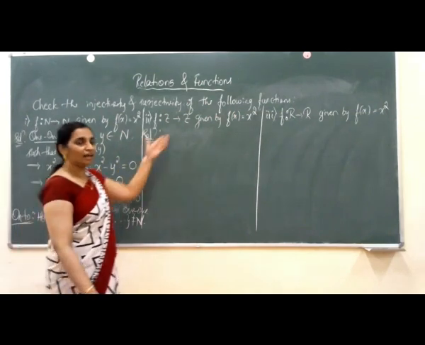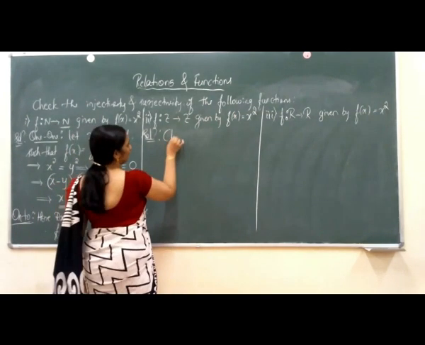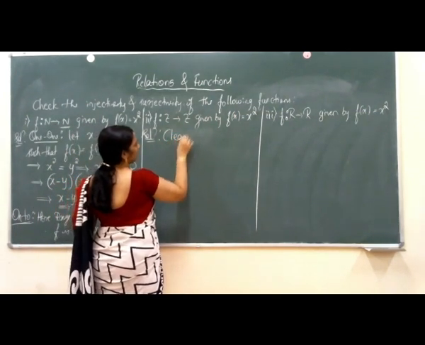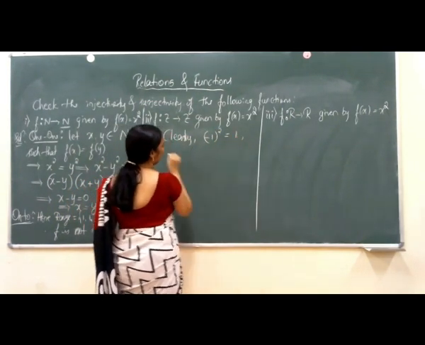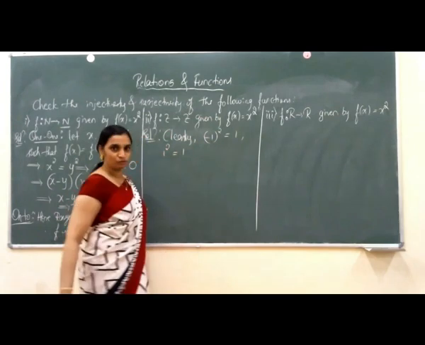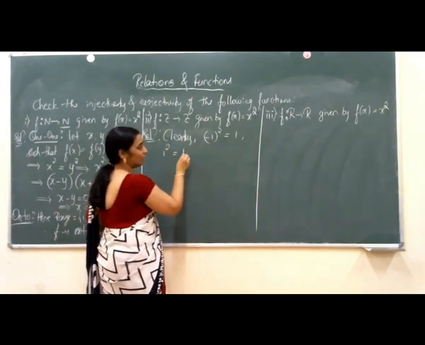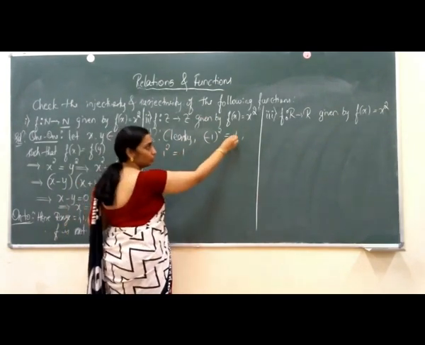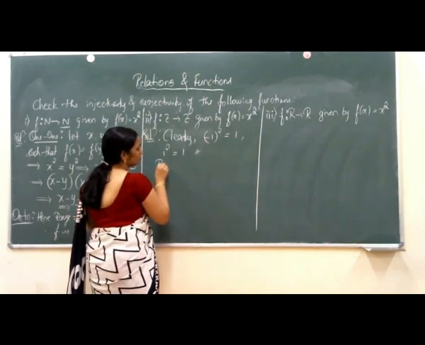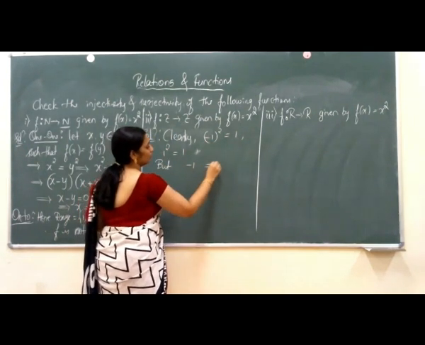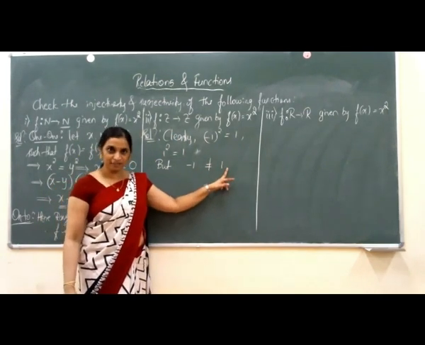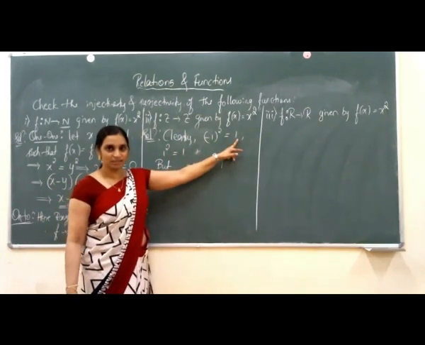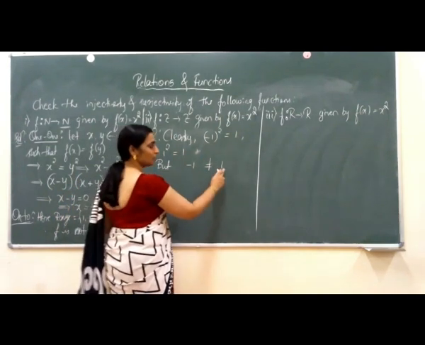But here, directly we can say clearly minus 1 the square is equal to 1 and 1 square is equal to 1. Look at the images, both are equal to 1, but minus 1 is not equal to 1. Elements are different, but the images are the same, that is minus 1 and 1.